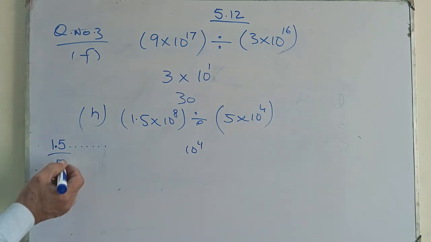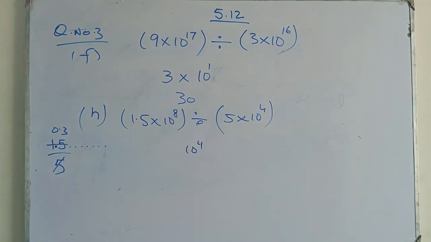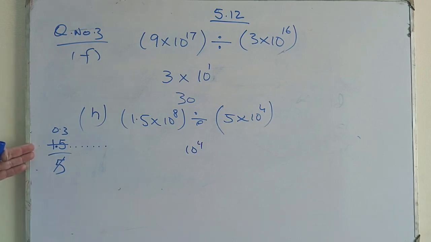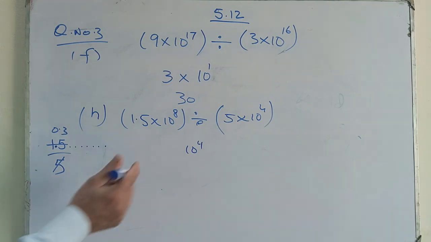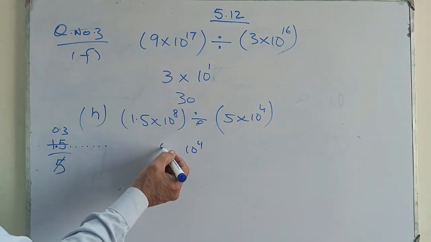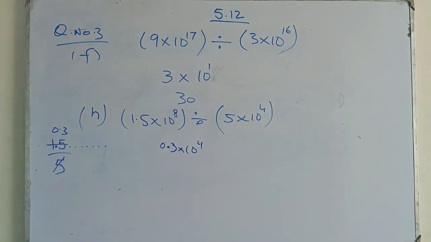So that means it is 0.3. 5 times 3 is 15, so it will become 0.3. So it will become 0.3 multiplied by 10 raised to power 4.